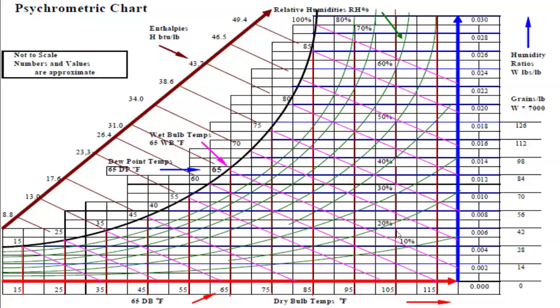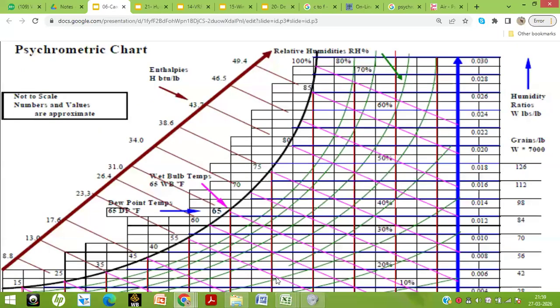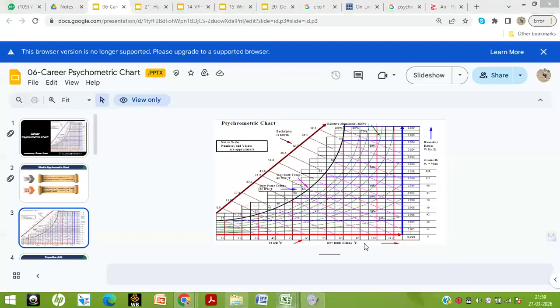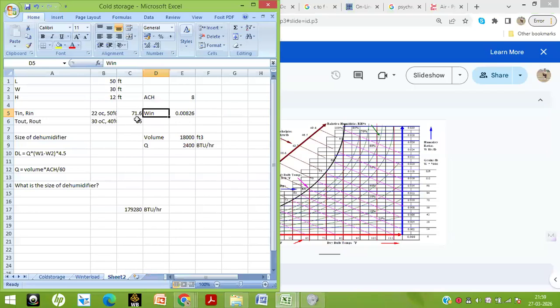If you see this, this complete thing is your humidity ratio. So let's consider our condition itself. What is our condition? 71.6 degrees Fahrenheit and 50% relative humidity.